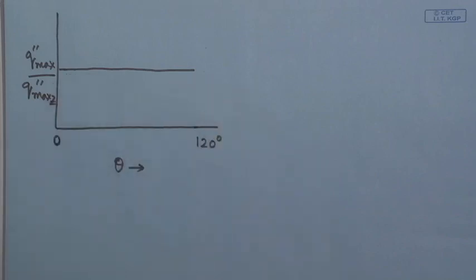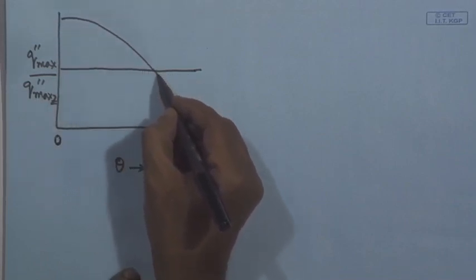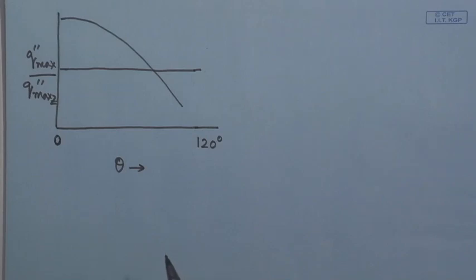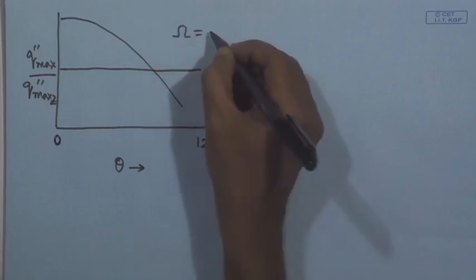So, the classical theory will not predict any sort of variation of critical heat flux. And if we now calculate critical heat flux from Lienhard's relationship, we will see that as the contact angle increases, we will have a fall in the critical heat flux, and that fall could be quite large when the surface is becoming non-wetting. This particular graph is for a typical angle omega, let us say it is for omega equal to 0.